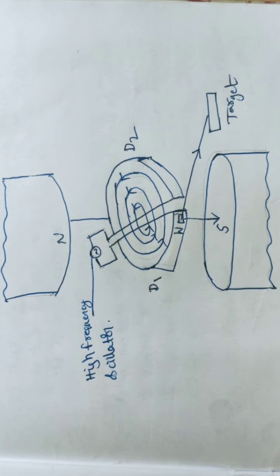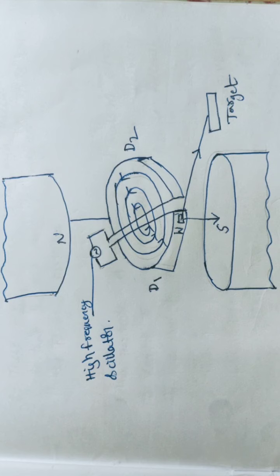What is the principle behind it? In this one, we can pass a moderate electric field a number of times in the case of the cyclotron.